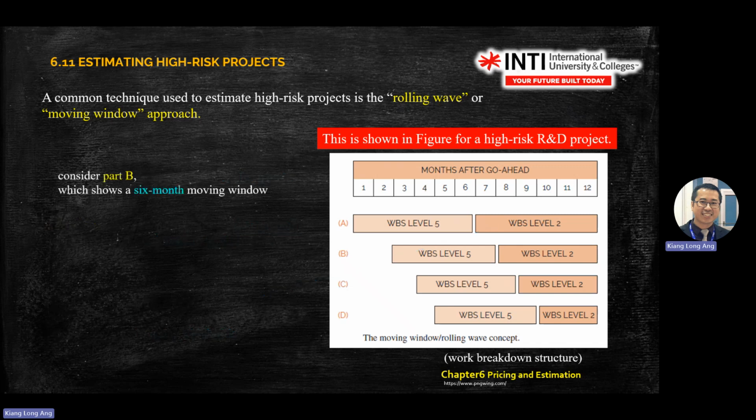So at B, there's a shift of window. This is also 6 months, shifting from 3 to 7.